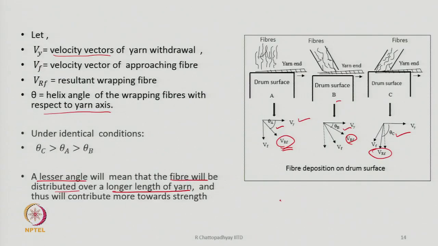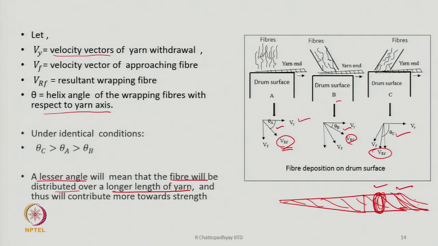That means, if the yarn tail, see, instead of getting wrapped this way, if the wrapping angle is this, this is better than this, that is what he is trying to say. So, if we allow them to land perpendicularly, then we will get such kind of wrappings.